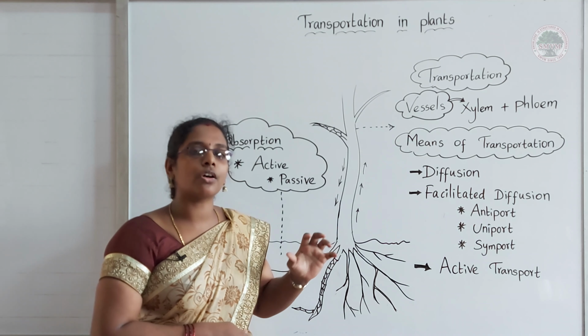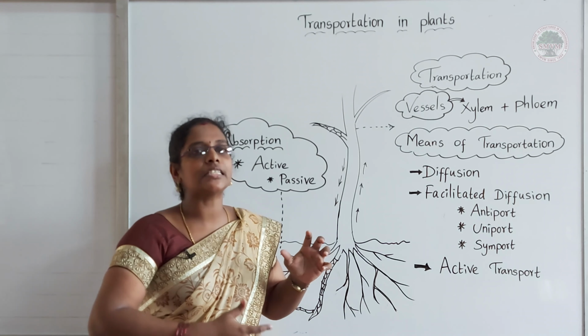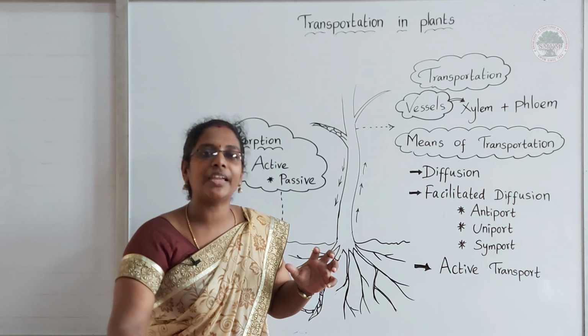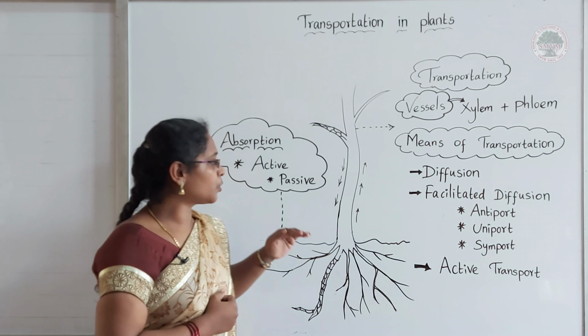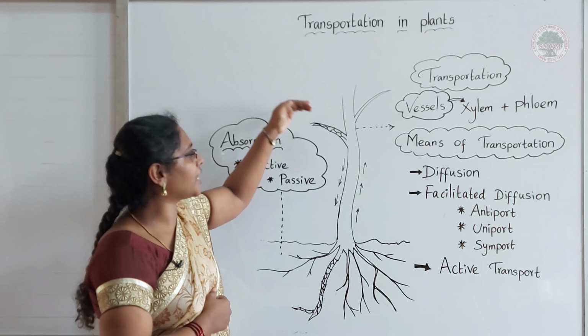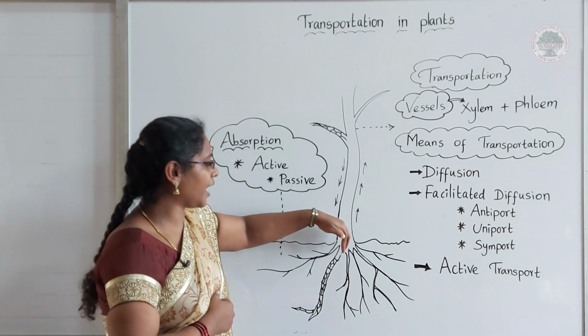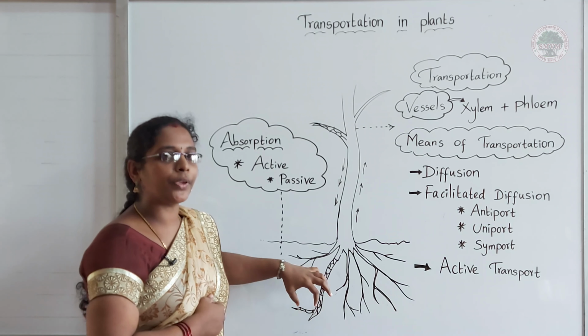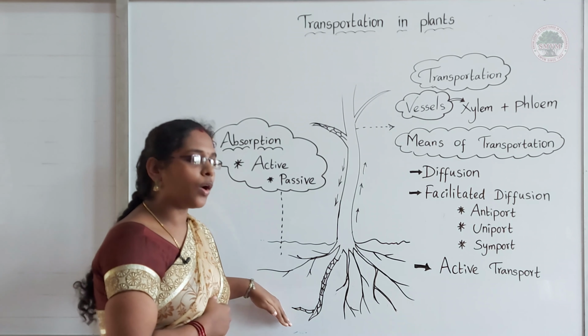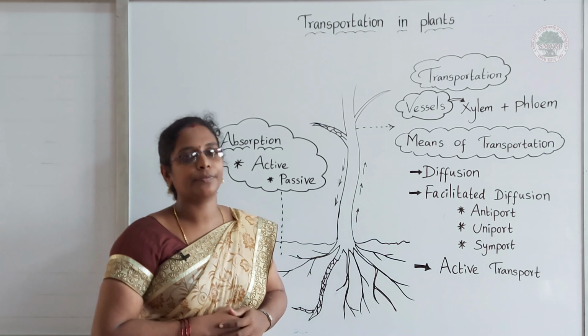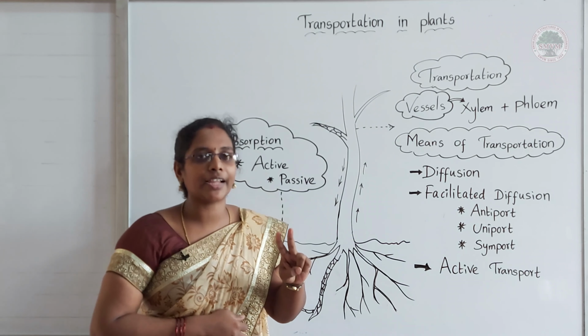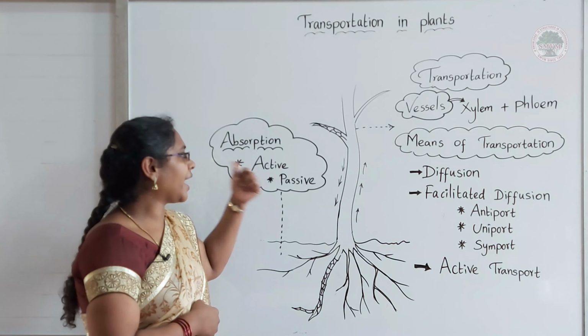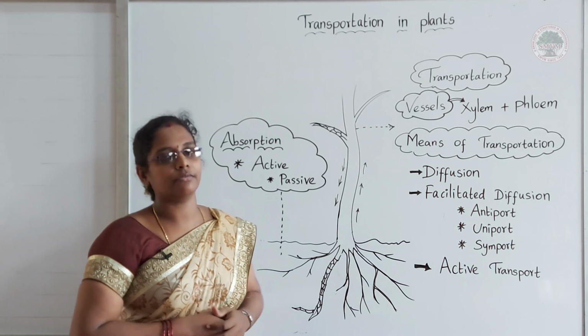Because of the pressure, water is sucked in. This pressure passes cell after cell and reaches the root, so the water is sucked in. So there are two different kinds of absorption, one is active and another one is passive.